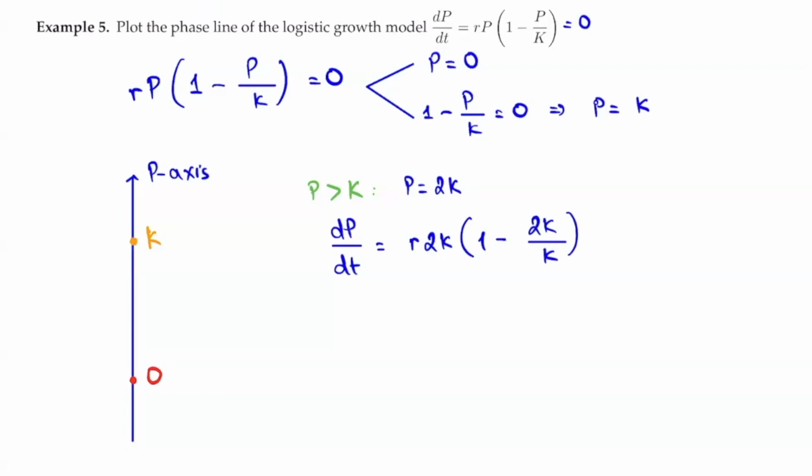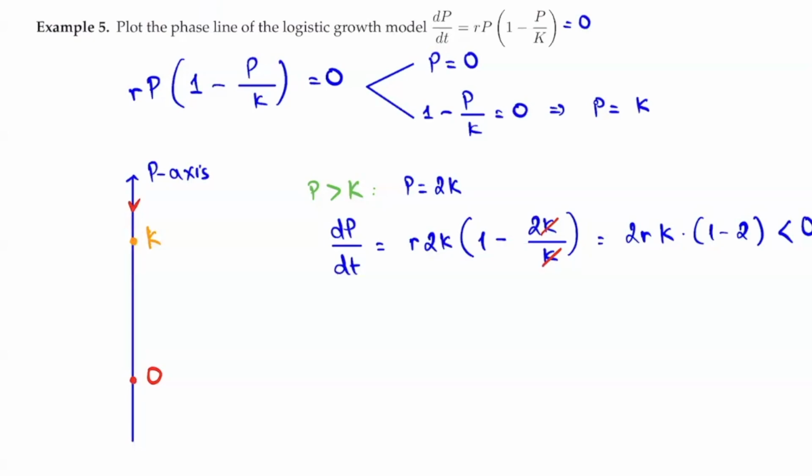Okay, so the K cancels out, and you get 2R times K times (1 minus 2). That's going to be less than 0. And because this is less than 0, you draw the arrow pointing downward like this. Initially, if the population is around here, it will eventually have to approach the carrying capacity K.